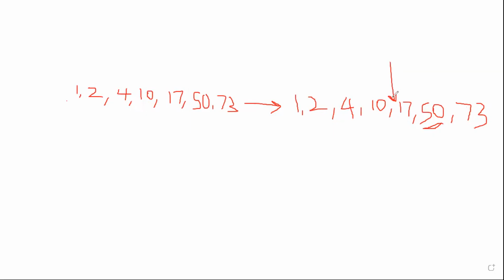Are you with me? Yep. You now check in between. Remember, we are looking for the number 50, right? You now compare your 50 with the left-hand side of the array. 50 is still greater than it, but the right-hand side of the array, the last item, 73, is greater than 50.